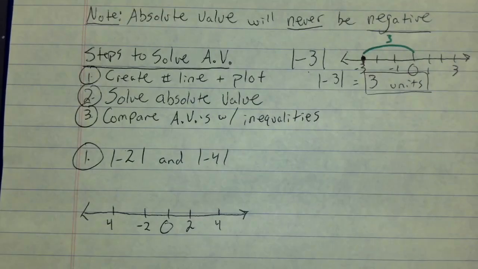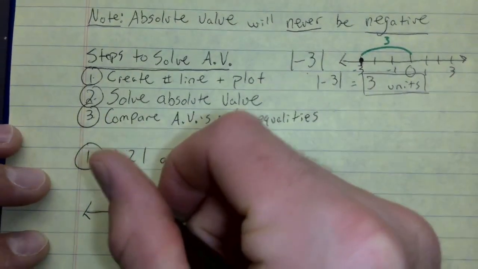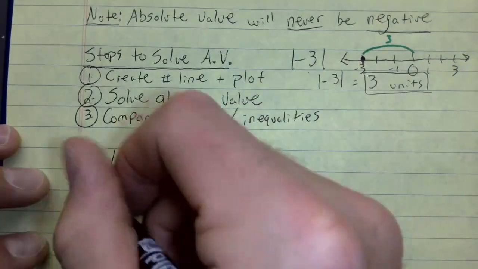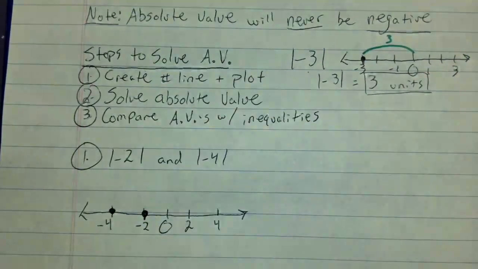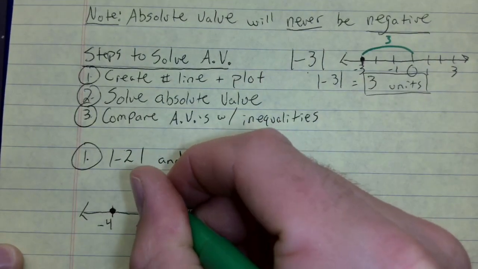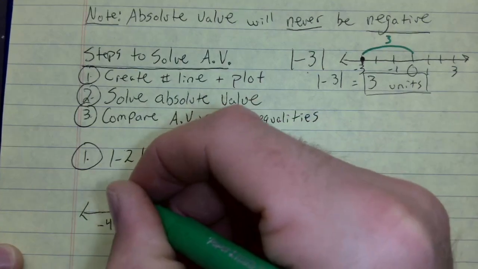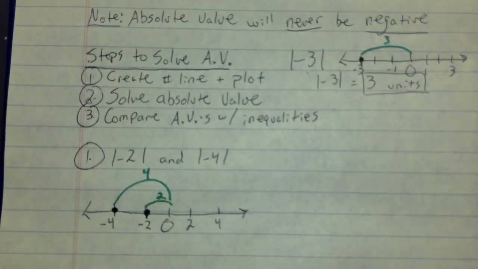All right, so just go ahead and plot it. So we know -2 is to the left of 0, and -4 is to the left of 0 as well. Okay, so draw your arcs. We know -2 is 2 units away from 0, and -4 is 4 units away from 0.